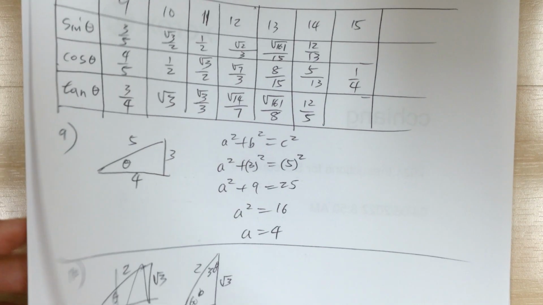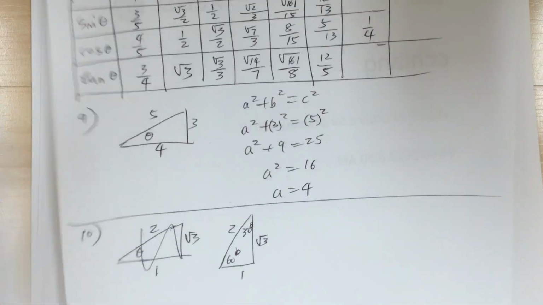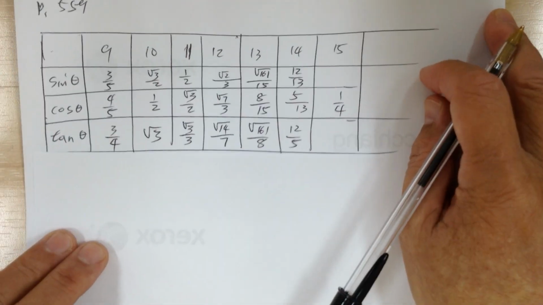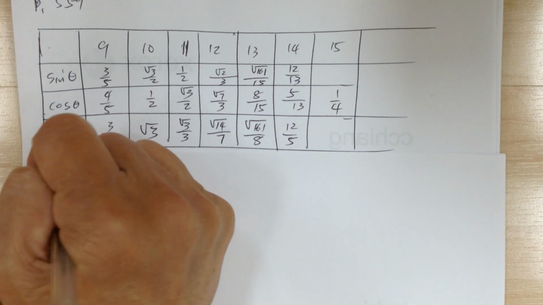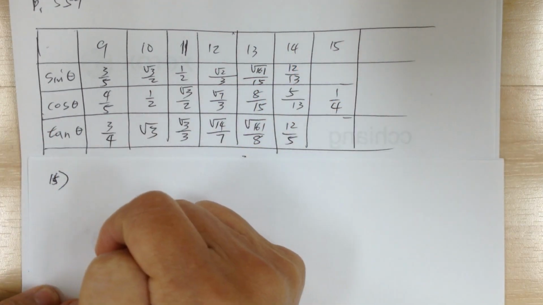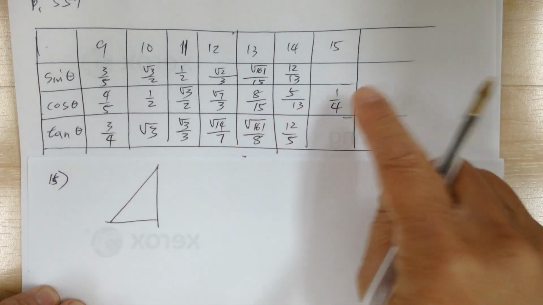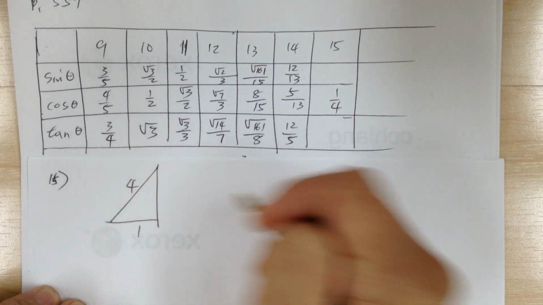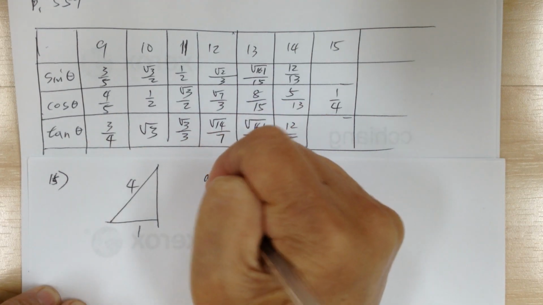Okay, number 15. Okay, 15, you got 1 over 4, and that's a cosine. So cosine is adjacent over hypotenuse. So 1 over 4 will give you 1 over 4. Okay, so use your Pythagorean theorem.